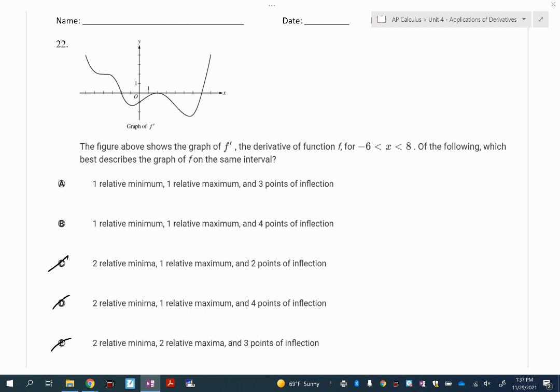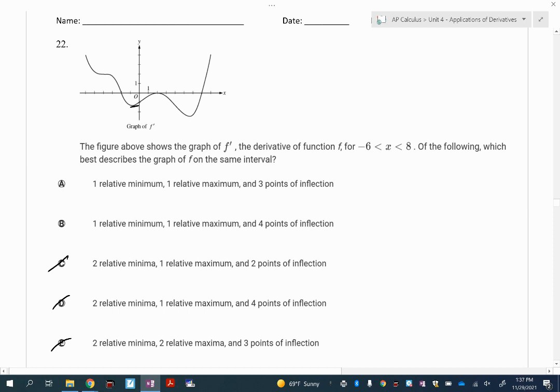So let's talk about points of inflection. The way that I look at this one is when you're changing from concave up to concave down. Another way to think of it is you're looking at the second derivative, wherever the second derivative would be 0.